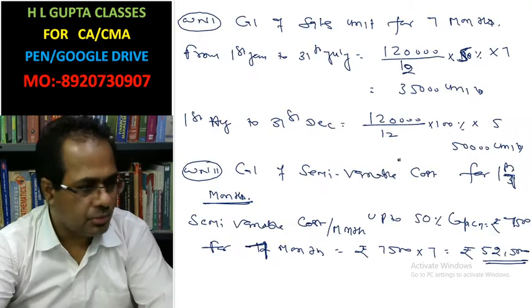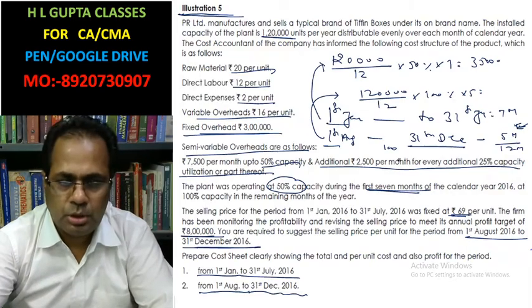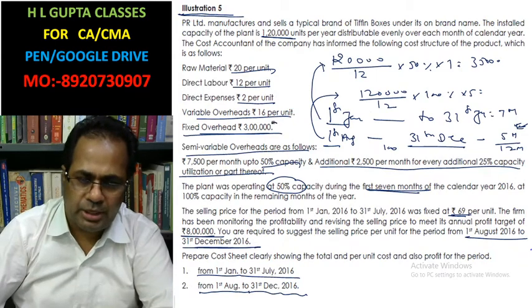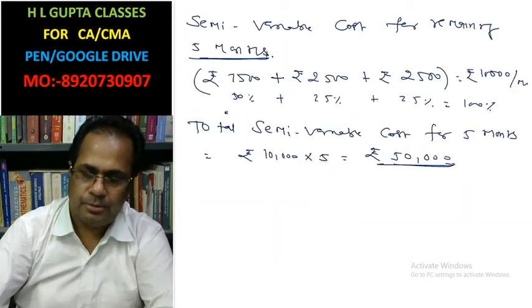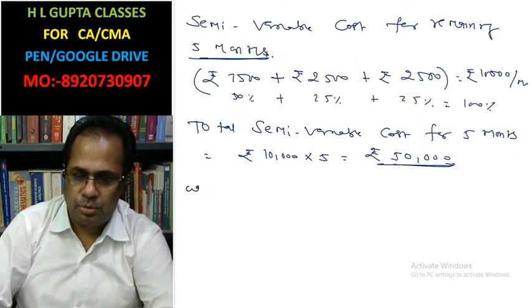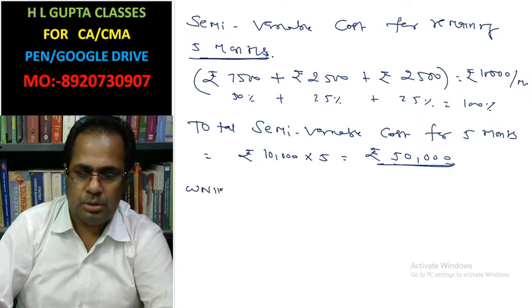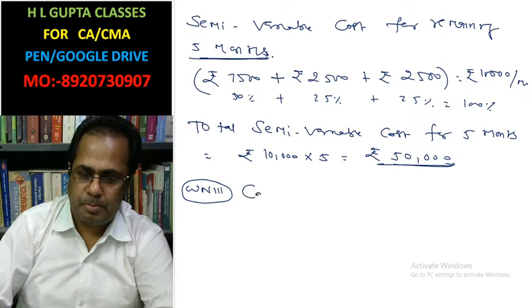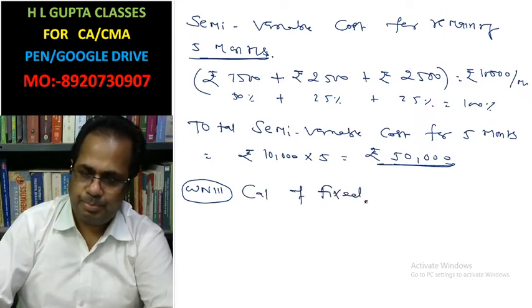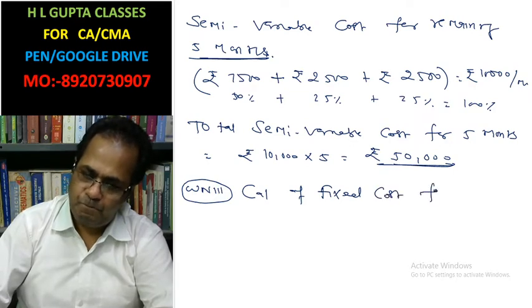Okay. Now, the fixed cost for the whole year is 3 lakhs. Then we have to calculate the fixed cost for the 2 periods.